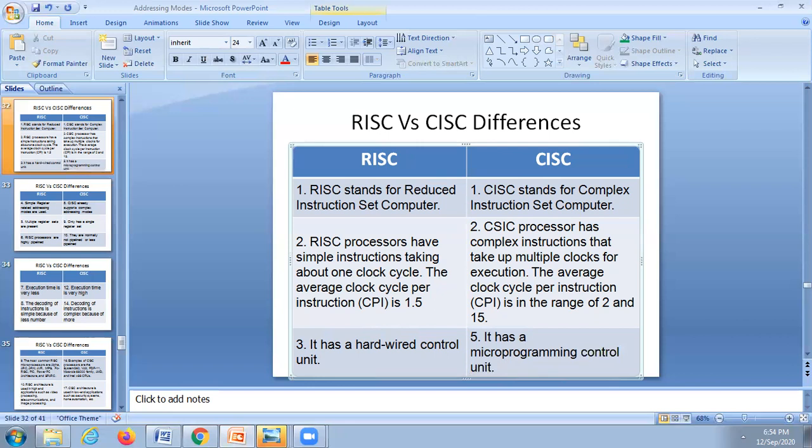In the hardware control unit, the flexibility is less, but it is faster. The hardware control unit is much faster than this. The CISC controller has a microprogrammed control unit, which will be slow, but flexibility will be there in the microprogrammed control unit compared to the hardware control unit. These are the differences.